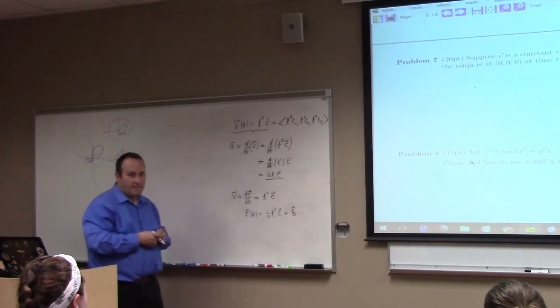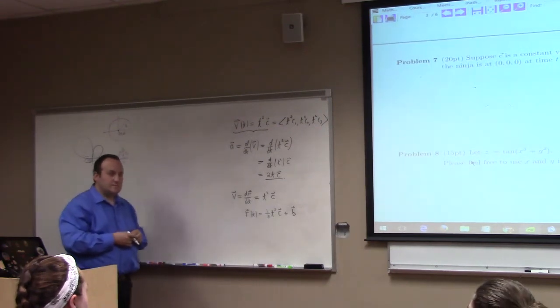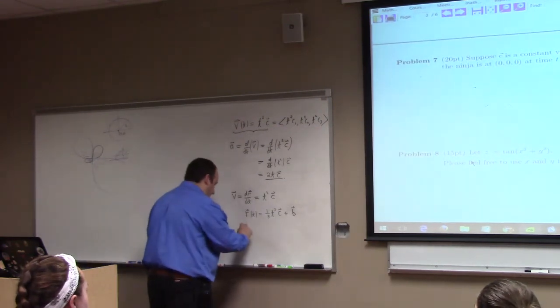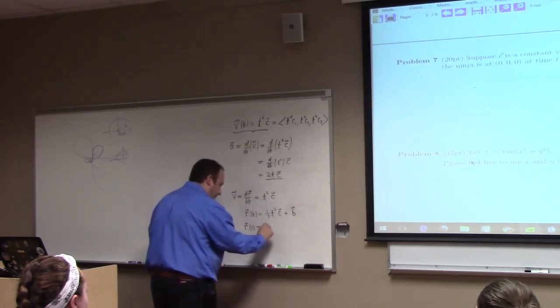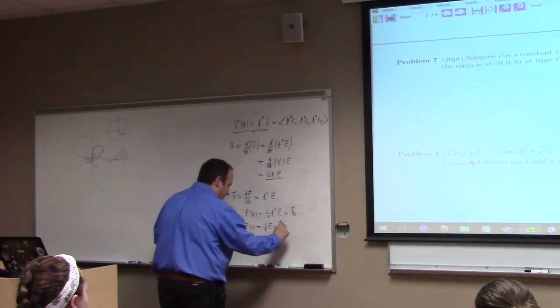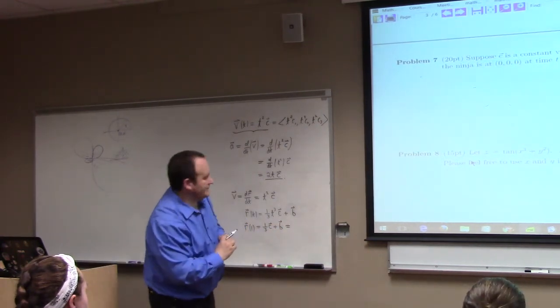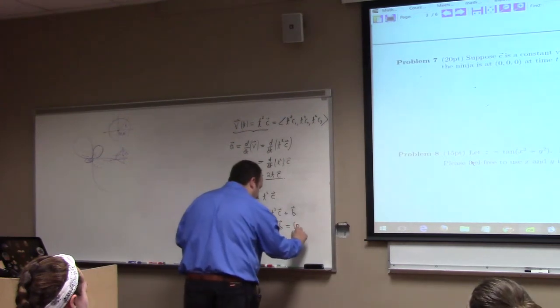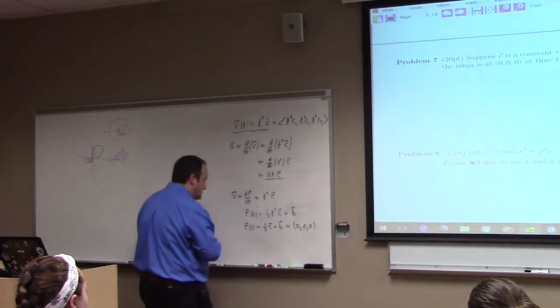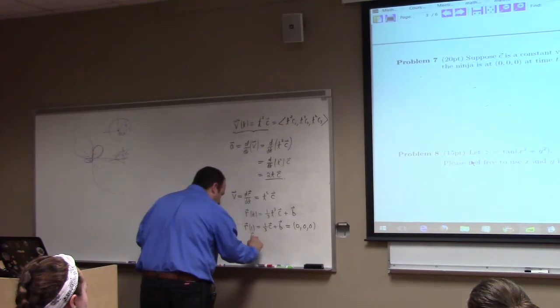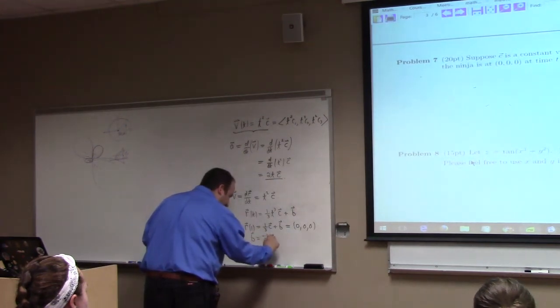Now b is some constant of integration. I plug in time 1, I get 1/3 c plus b. What am I told the position is at time 1? 0, 0, 0. So that's equal to 0, 0, 0. So therefore b is minus 1/3 c.